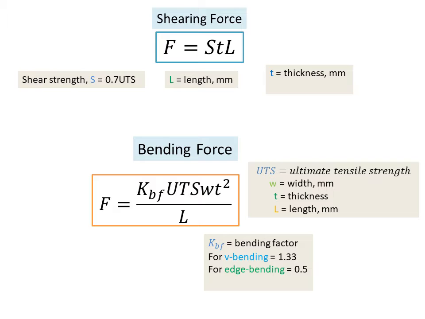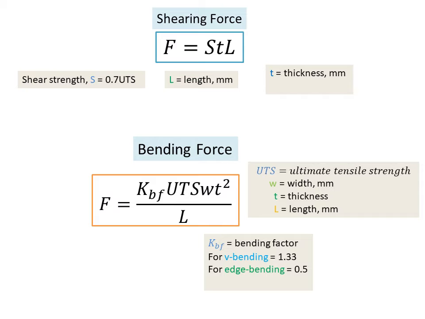So the next one is bending force. In the bending force we have formula F is equal to KBF, ultimate tensile strength, into width into thickness square upon length.